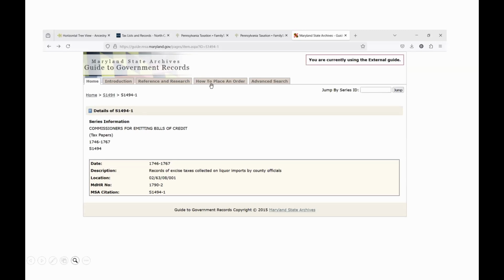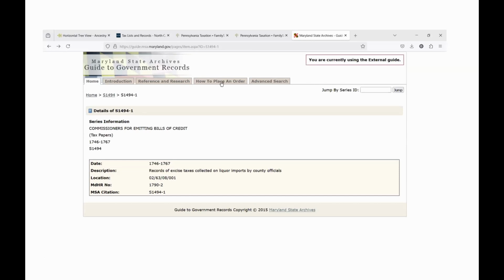And as you can see up here, one of the tabs is how to place an order. So I included this one to show you that everything's not online. You're not going to just be able to push buttons and do searches and Google your way around and boom, here's this record that I want to see. For this particular record, if this is a time frame and a place that's important to me, I'm going to have to place an order.